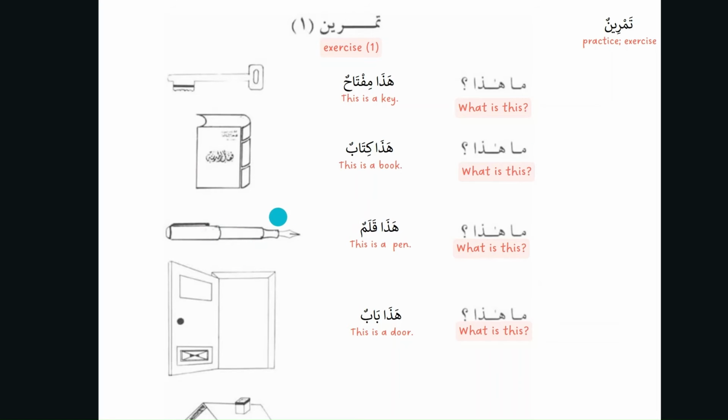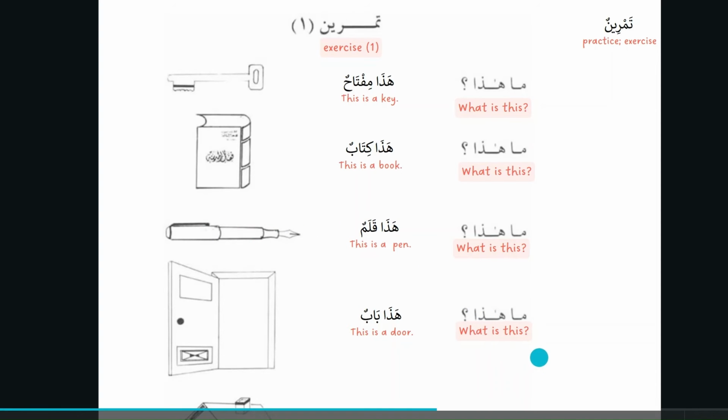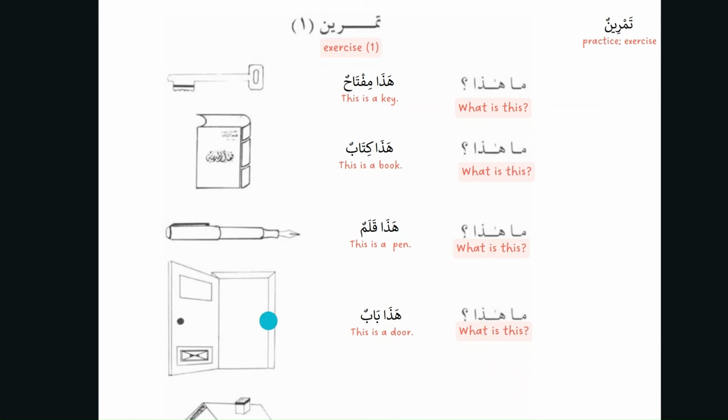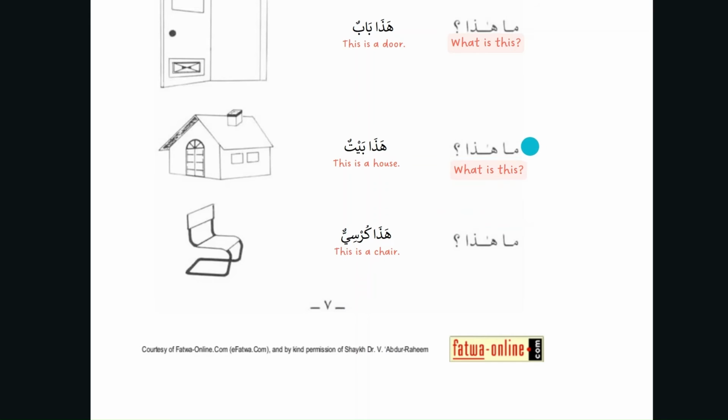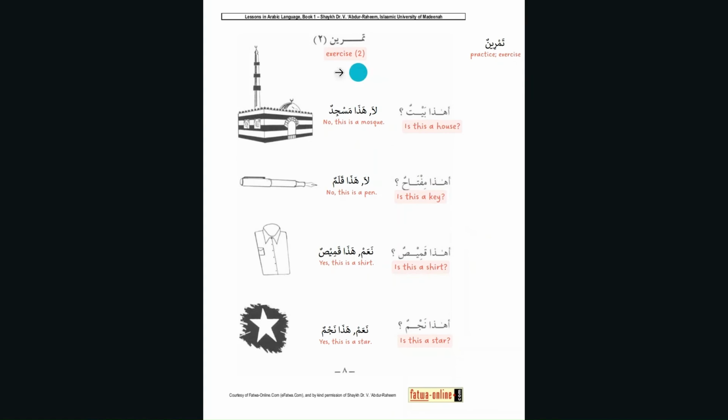This is a pen. Ma hadha? What is this? Hadha babun. This is a door. Ma hadha? What is this? Hadha baytun. This is a house. Ma hadha? What is this? Hadha kursiyun. This is a chair.